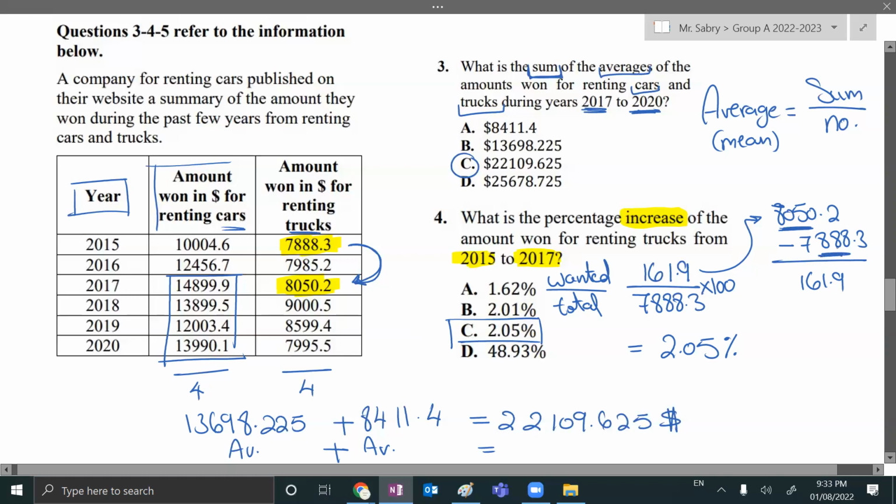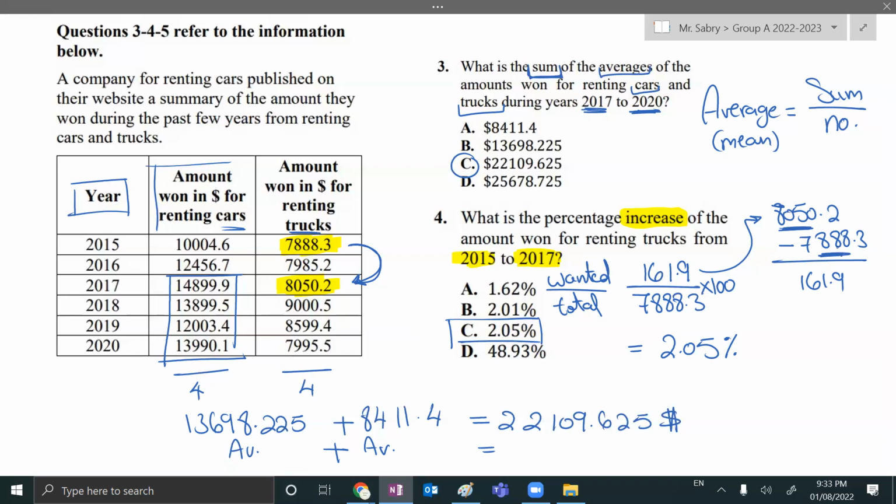At the end of the day, what you did is the same exact procedure. The difference is in the order of the steps. Instead of getting the difference and getting its percentage, you got the percentage of the 8,000 out of the 7,000, and you realized that the increase is the percentage. So it's the same thing. It works 100%. Okay?